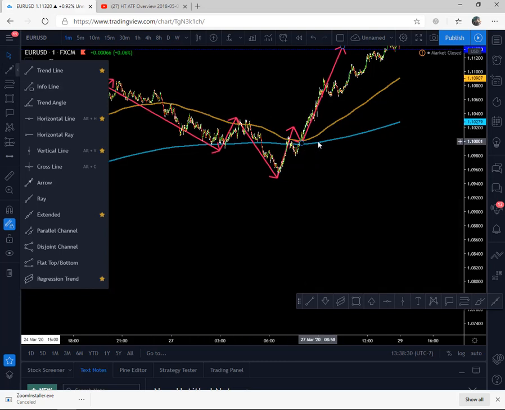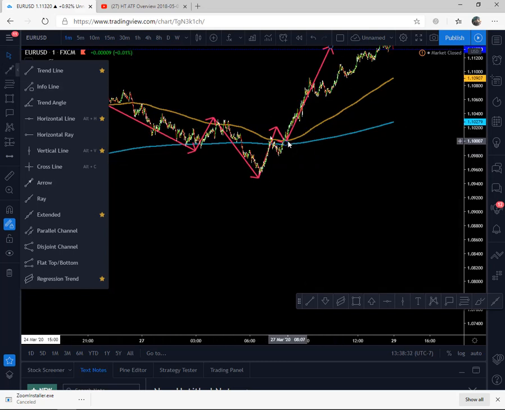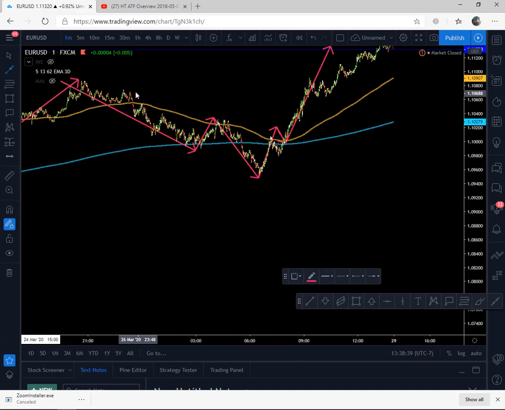So right here, there's a potential new 1362 cross, but because price failed to do lower lows, that didn't happen.